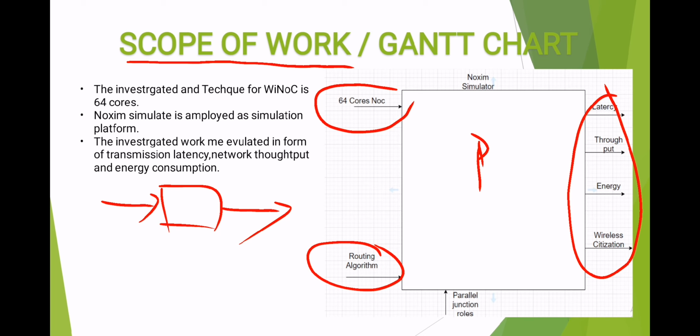This one is the investigated topology, the WiNoC with 64 cores. This one is one of the inputs. And the NoXim simulator is the simulation platform. The platform is focused on the output.